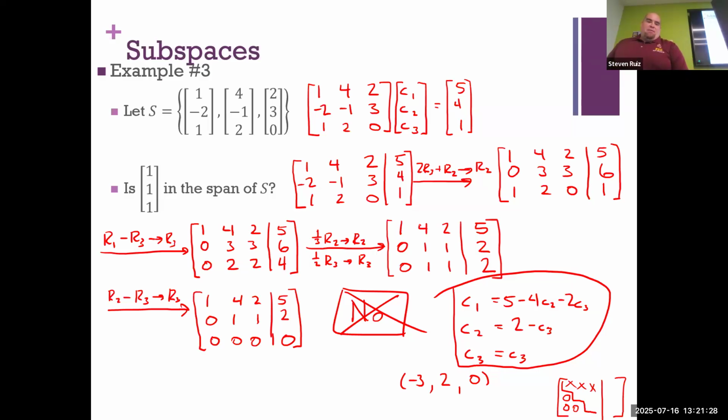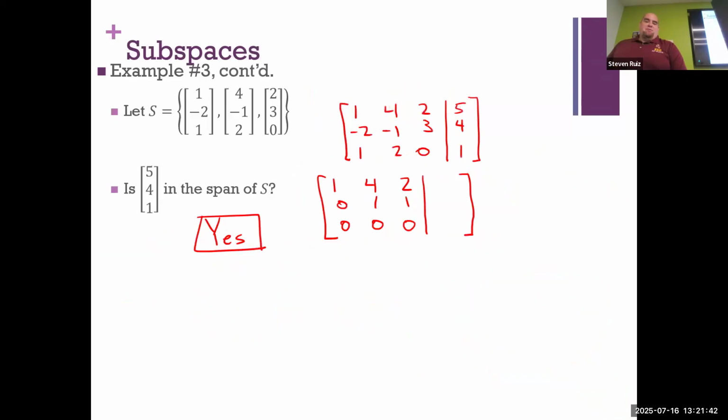The only thing we have to worry about now is that what's on the right-hand side is no longer a fixed vector. It's this general thing we have to worry about. But we still have to modify it. So 2 row 3 plus row 2 to row 2 is the first thing we did.